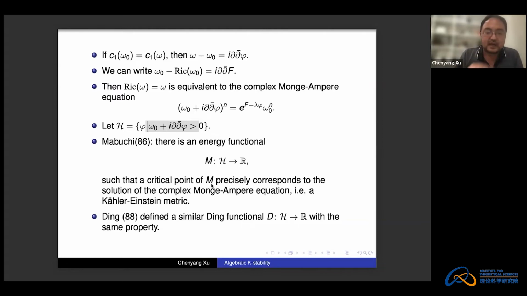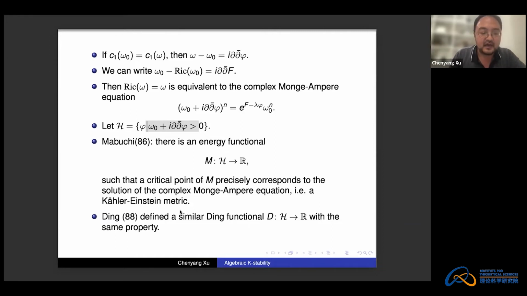So the upshot here is that solving the Kähler-Einstein problem is equivalent to showing that this Mabuchi functional has a critical point, which must be a minimum for this functional. So in other words, the problem of finding this metric, we reduce it to finding a minimizer of some functional on some infinite dimensional space.